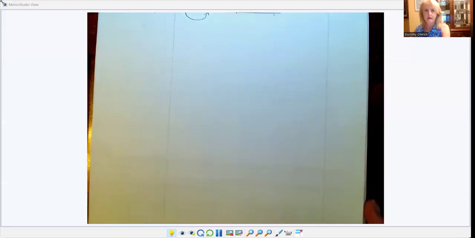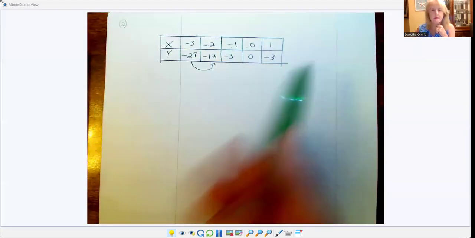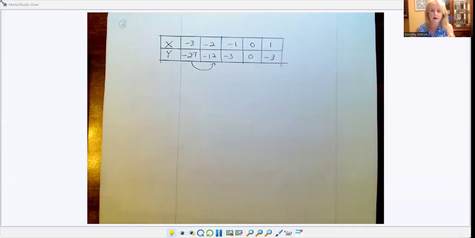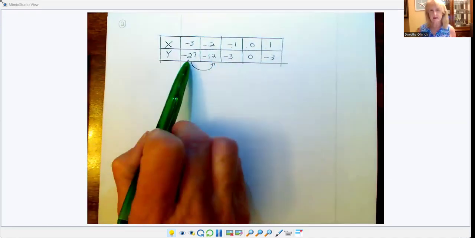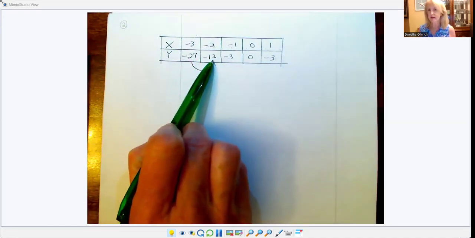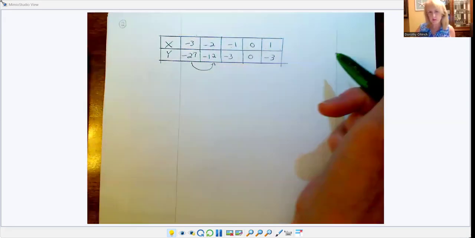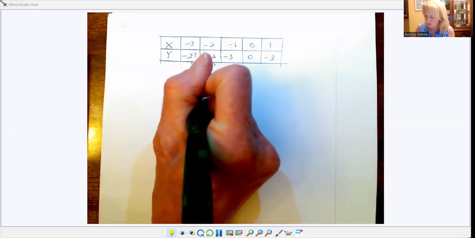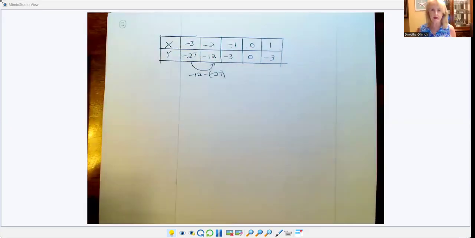Let's look at a different kind. Remember, if the x's are increasing by 1, then we can find the successive differences or ratios. We'll say negative 12 minus negative 27 and put that in the calculator.